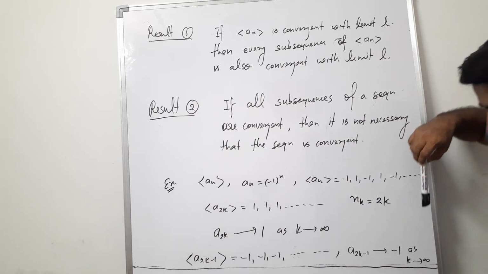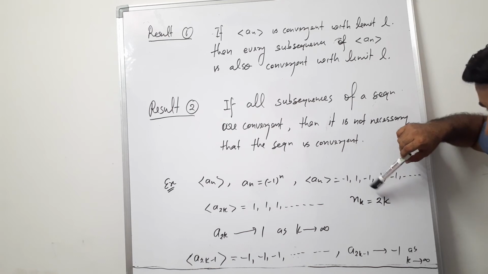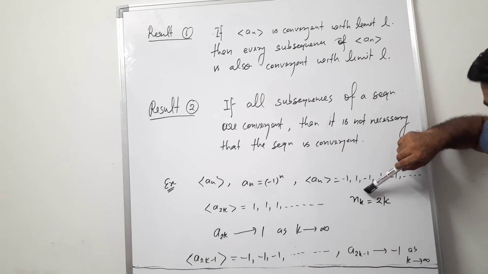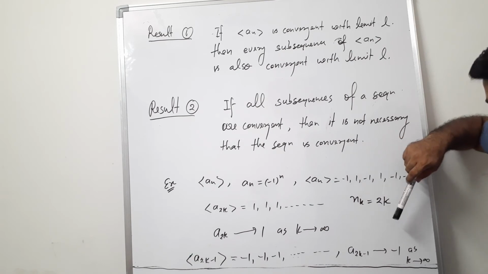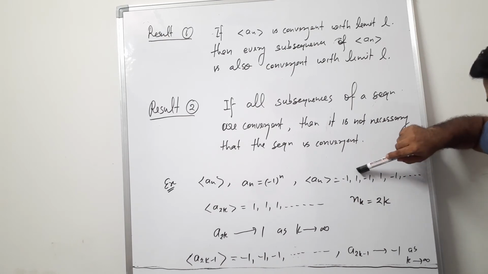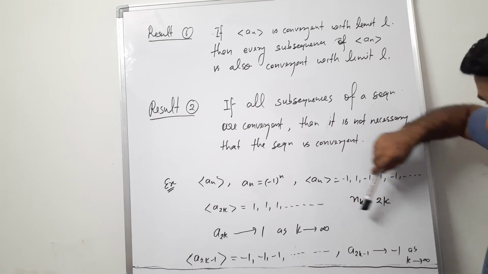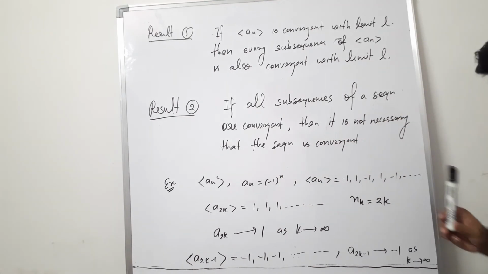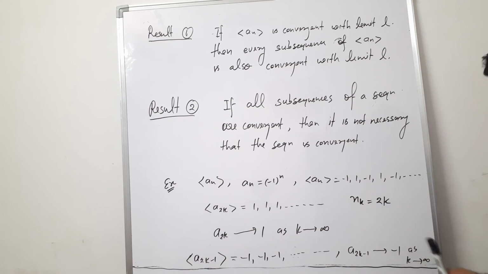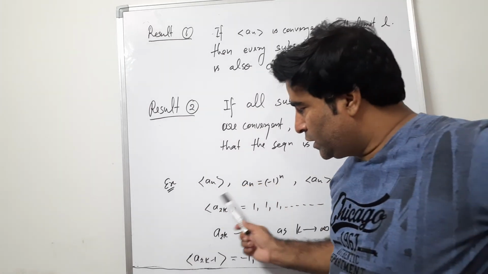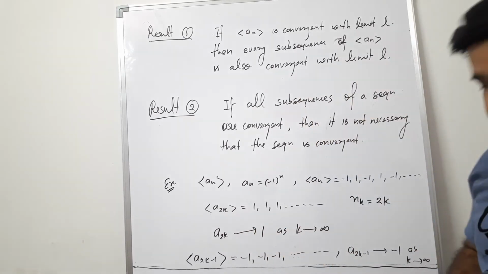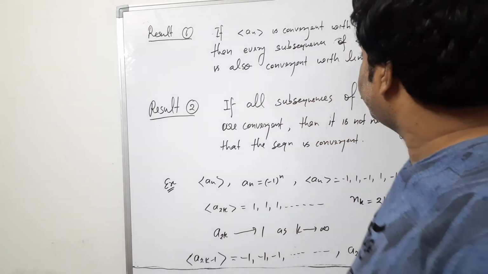So it is clear that two subsequences of the given sequence, a_2k and a_(2k-1), are convergent. One converges to 1 and the other converges to -1. Okay, but the sequence a_n is not convergent.